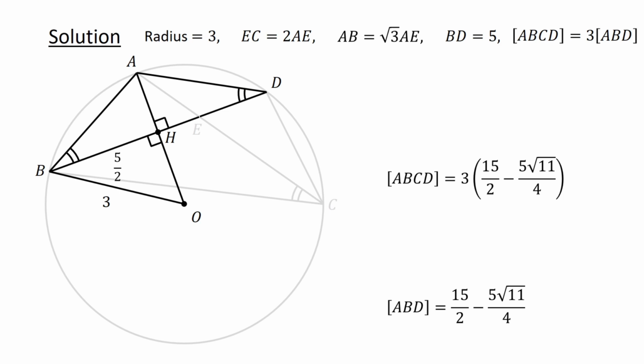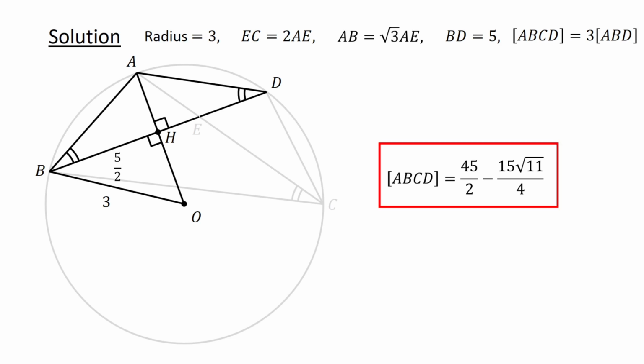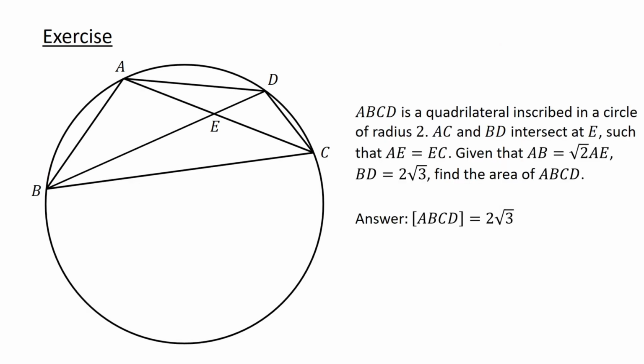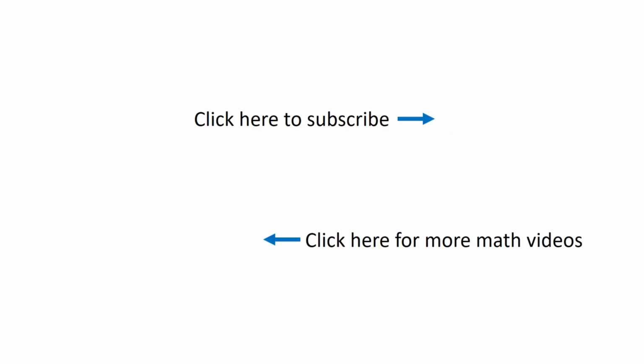Therefore, the area of ABCD is 45 over 2 minus 15 times square root 11 over 4, which is the solution to our problem. As an exercise, try to solve this problem and see if you can get the correct answer. This marks the end of the video.